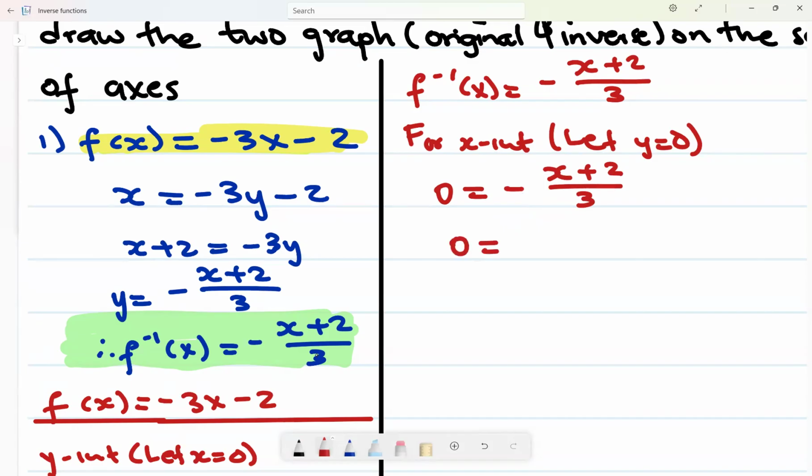First divide by negative 3 on both sides. When you divide by negative 3 on both sides, you get 0 is equal to x plus 2.